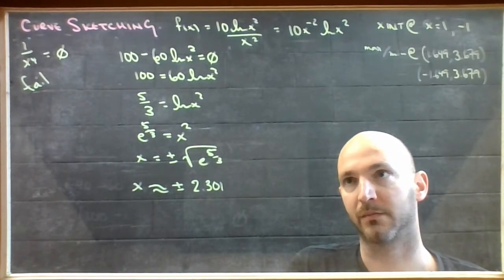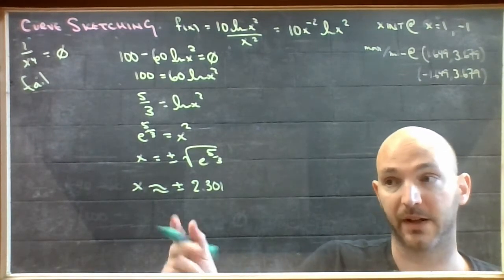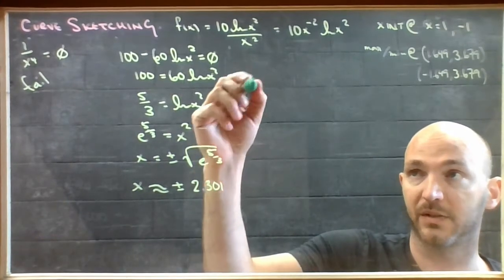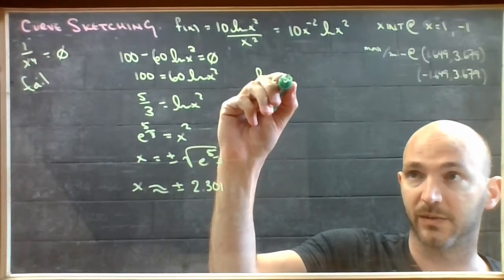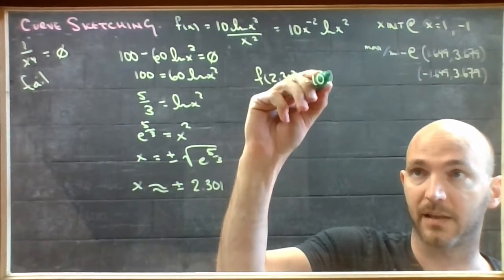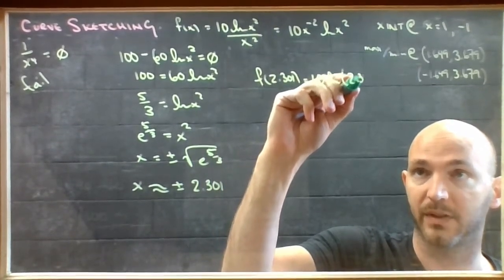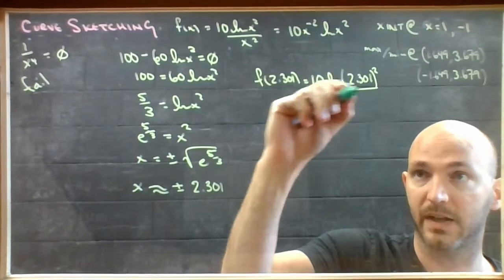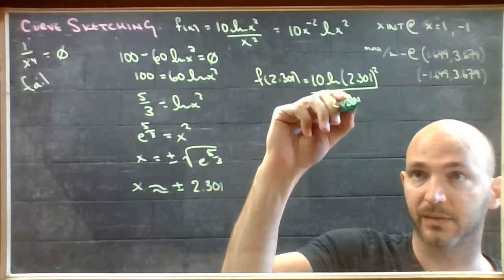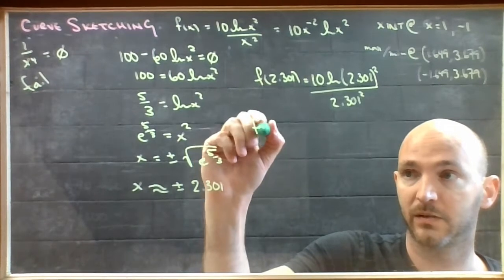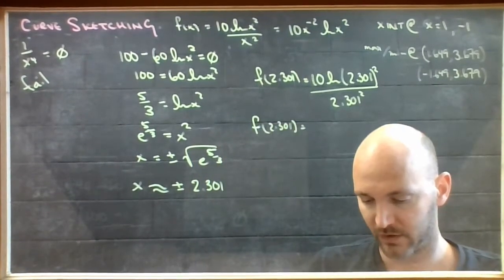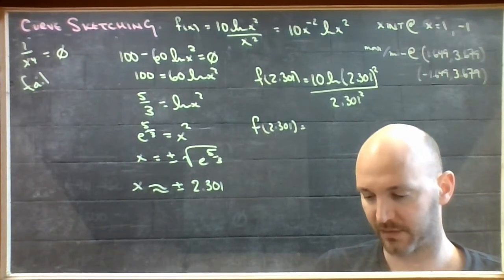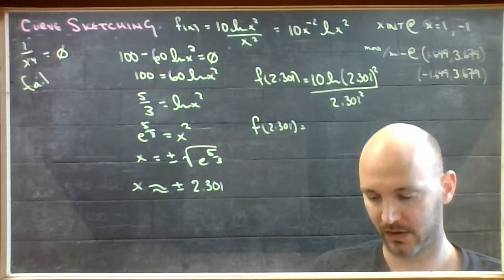All right. I'm going to need the y values for that, so 2.301 goes into here. So f at 2.301 would be 10 times ln of 2.301 squared over 2.301 squared. 2.301 squared gives me 5.294.